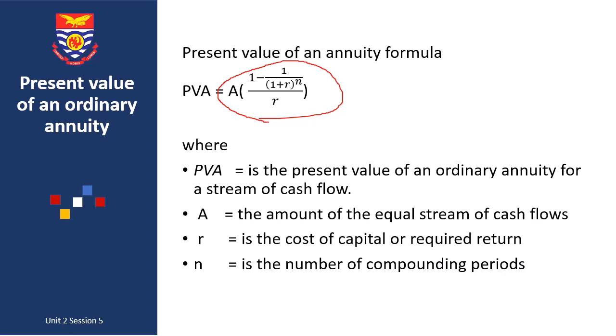And r represents the cost of capital or the required return. N is the number of compounding periods. And A represents the amount of the equal stream of cash flows. As we said, annuity is used when there is an equal stream of what? Cash flows.